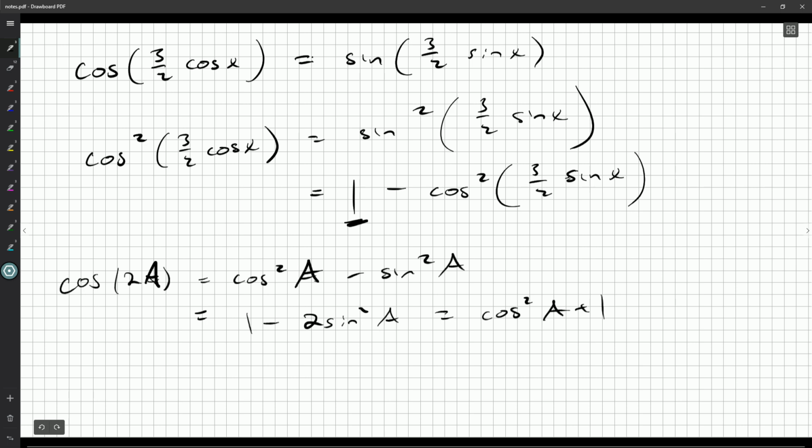Now I do have an extra 1 lying around here. So if I add 1 to both sides, I'll get cos of 3 cos x is 2 minus cos.